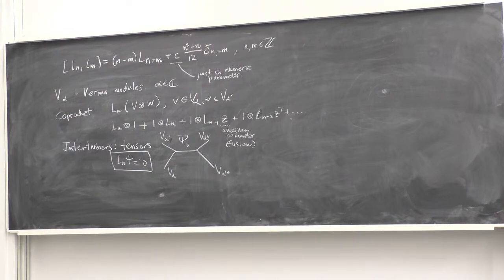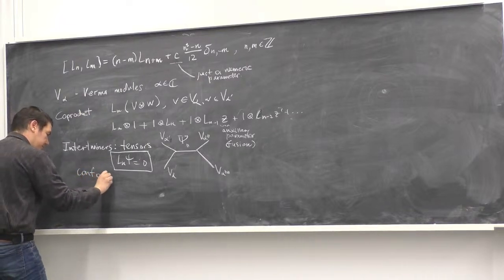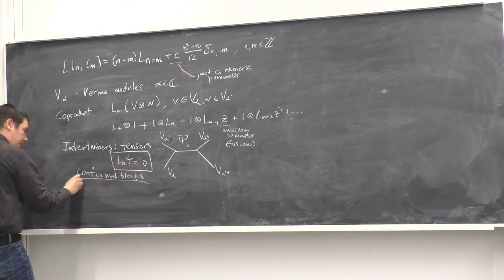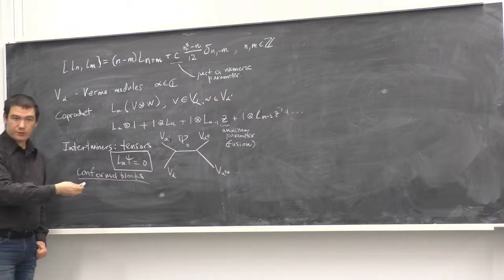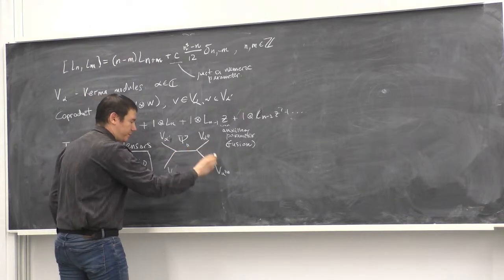Okay, so this is the definition of intertwiners, and of course in physics we know and love them as conformal blocks. These are functions. What are they functions of? Well, first of all, they are functions of alpha and alpha prime.